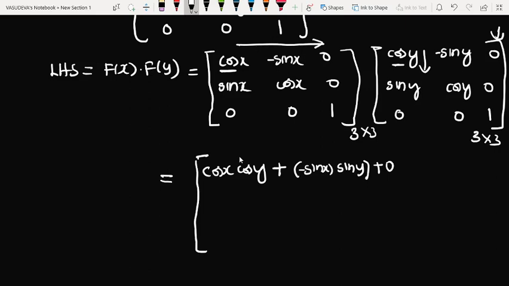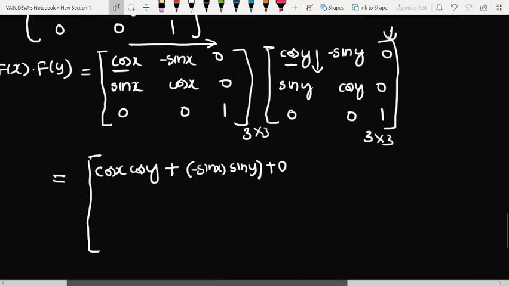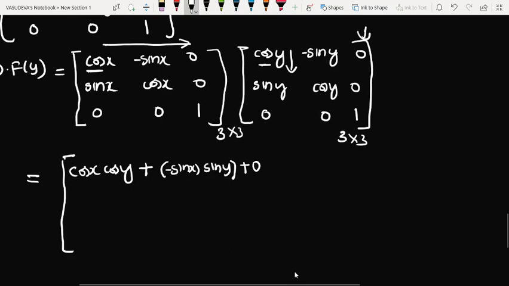And the first row and the second column. So cos x into minus sin y, plus minus sin x into cos y, and 0 into 0 plus 0.